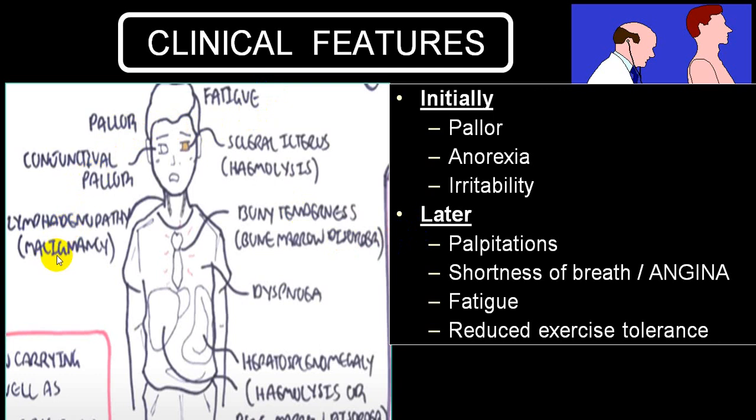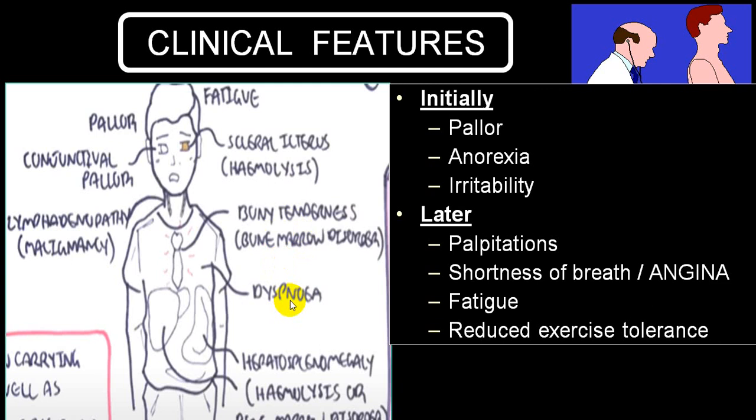Some persons, if anemia develops secondary to malignancy, particularly Hodgkin's, will have lymphadenopathy, easy fatigability. Hemolytic anemia can have icterus. A person with hemolytic anemia or thalassemia group will have bony tenderness.